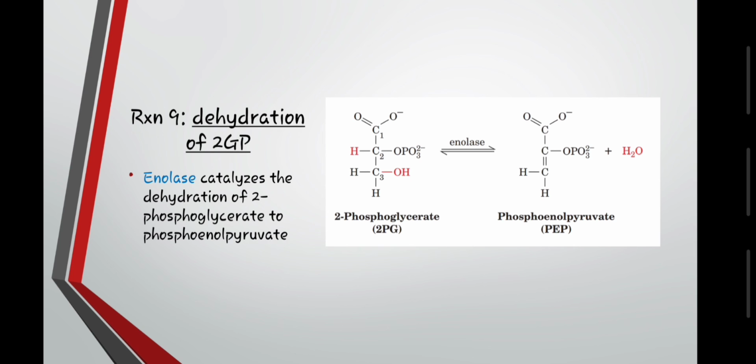It is called dehydration because you are removing one OH group and a hydrogen, and these combine forming a water molecule. So you are removing water from 2-phosphoglycerate and ending up with phosphoenol pyruvate.